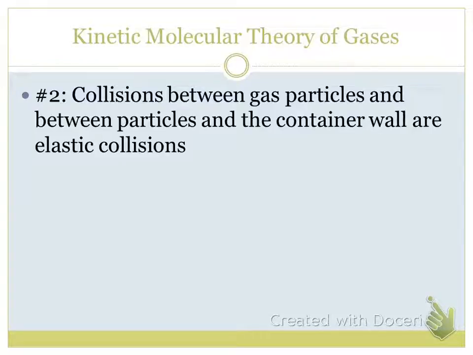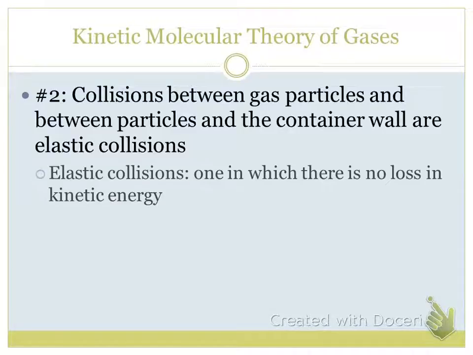Okay, so an inelastic collision, or the opposite of that, would mean they collide and stick together, and that's not what gas particles do. But when we say there's no loss in kinetic energy, that means every single ounce of energy basically in that particle is being transferred to the other when those two are colliding. Okay? So they will bounce and go apart with each other's kinetic.